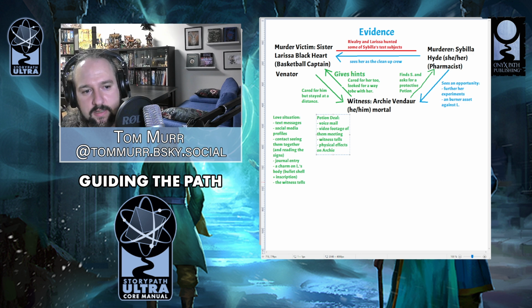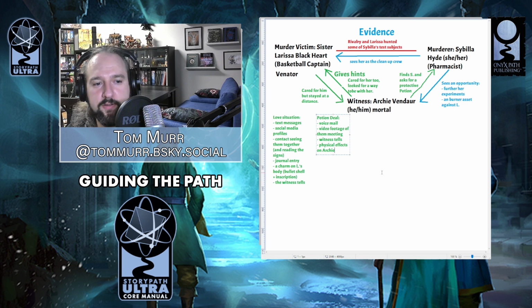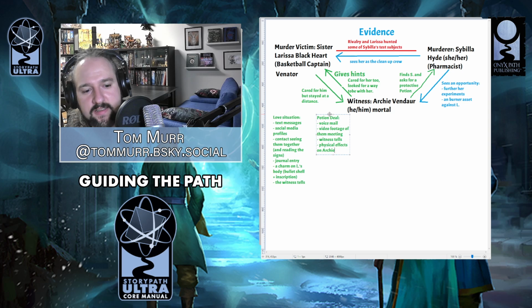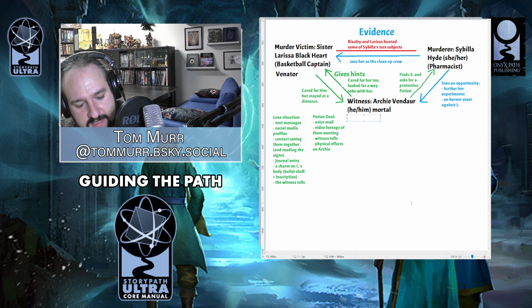Got green shining veins or something like this. This is not good. We all know when something is brightly green lit, that's dangerous. That's radioactive poison toxin. Let's stay away from that. So the potion deal is also Archie's new addiction.